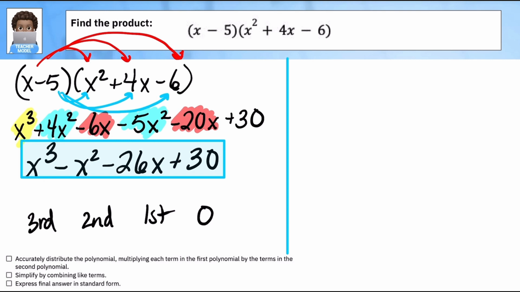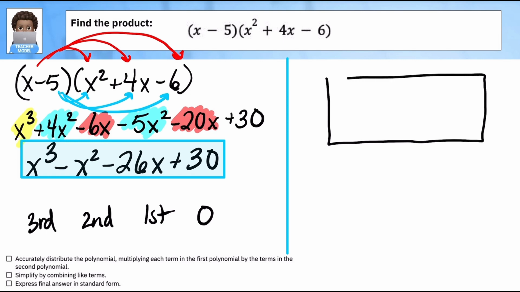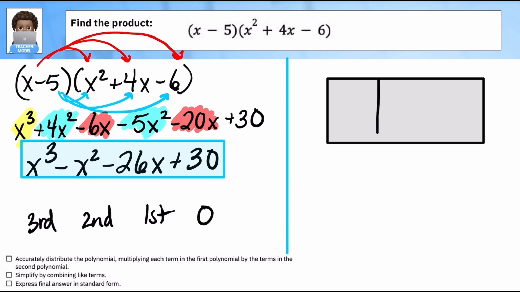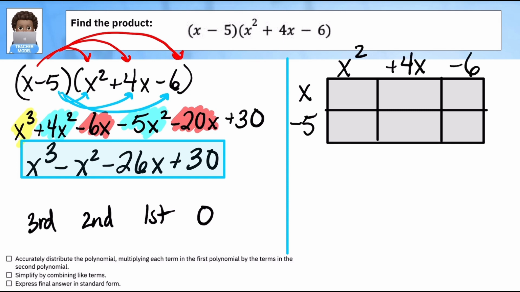Awesome. And now I just want to do it using the array model because again, I'm really visual and I think being organized has always helped me, and there might be other people who benefit from this. So I'm just going to show you by making a 3 by 2 array. And I'm just writing the terms. So here's x minus 5. Here's x squared plus 4x minus 6.